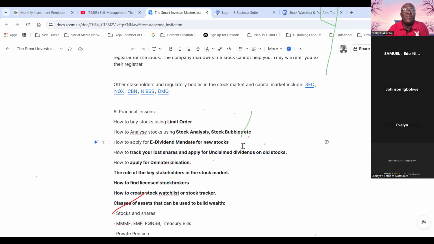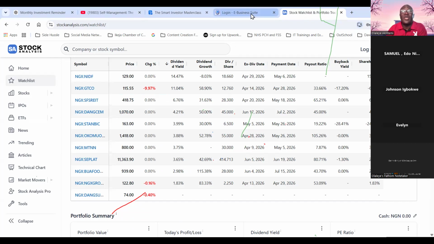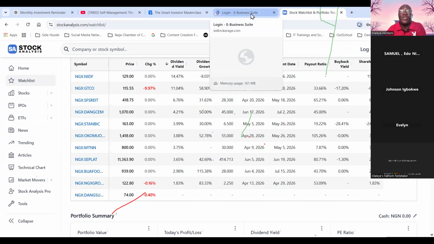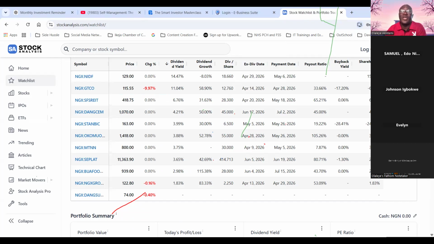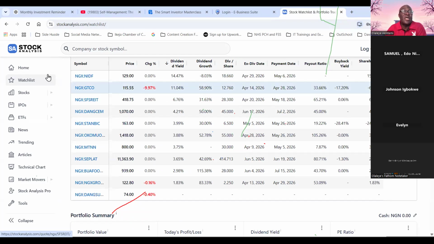How to apply for e-dividend mandate for new stocks. Does anybody know how to apply for e-dividend mandate? When you buy new stocks, how do you apply for it? Or what is even an e-dividend mandate? Can anybody help us? Yes, sir.